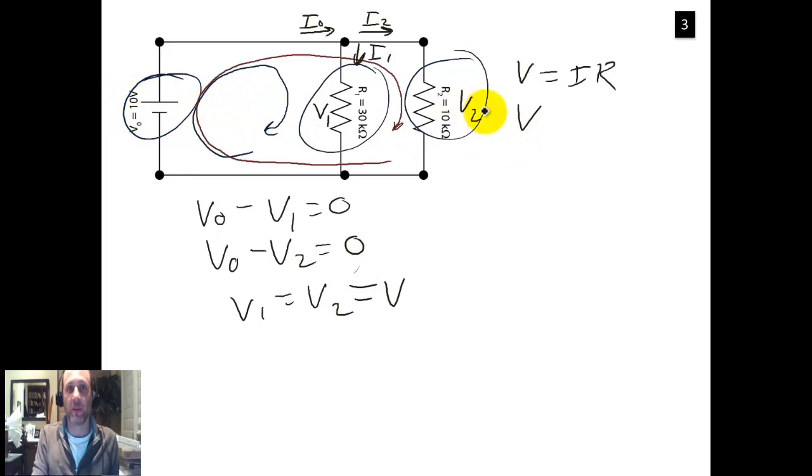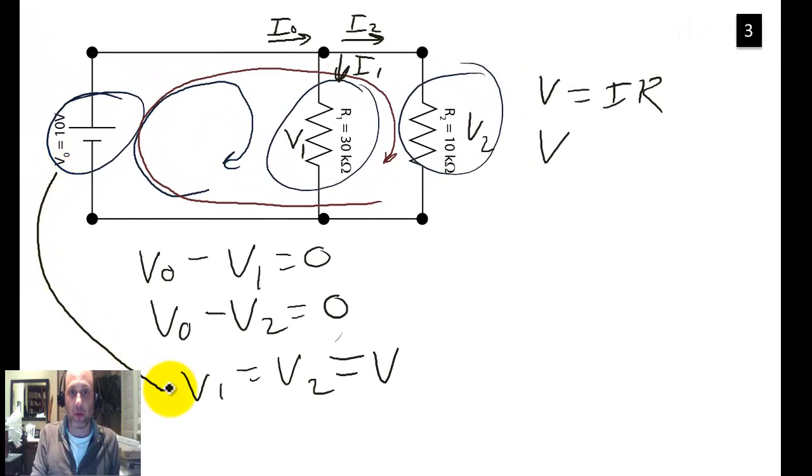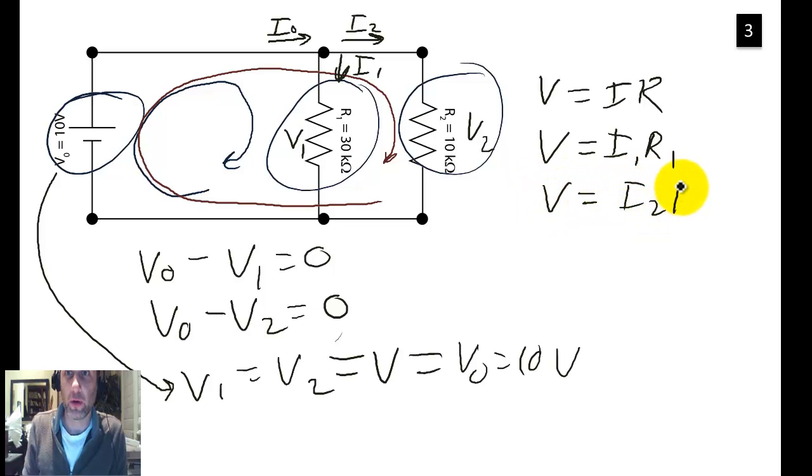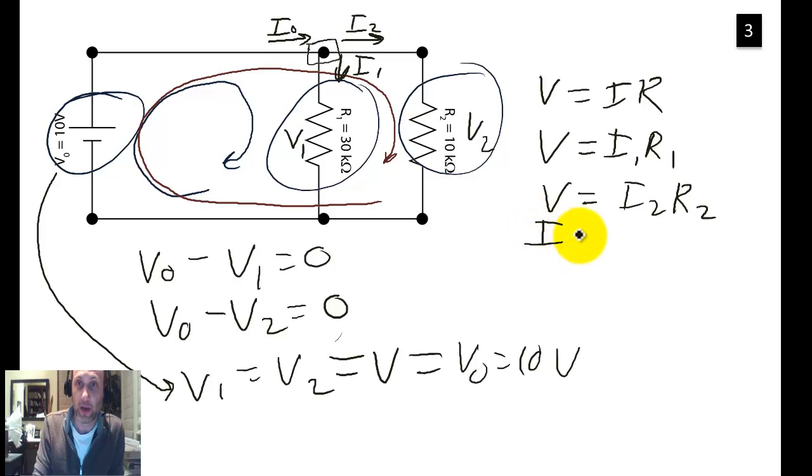It's the 10 volts, V0 equals 10 volts. So V equals I1 R1. V also equals I2 R2. And we know that from Kirchhoff's first law, if we look at what goes into and out of this node, I0 has to equal I1 plus I2.